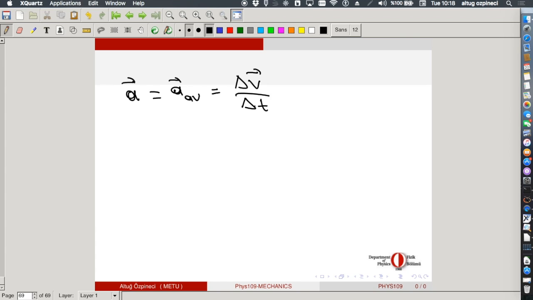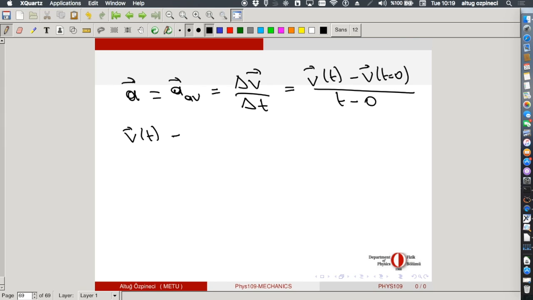This will be a constant. Now, let's assume the average acceleration between t equal to 0 and some later time t. So v of t would be just v at t equal to 0 plus a times t. The velocity at time t is v0 plus a times t.